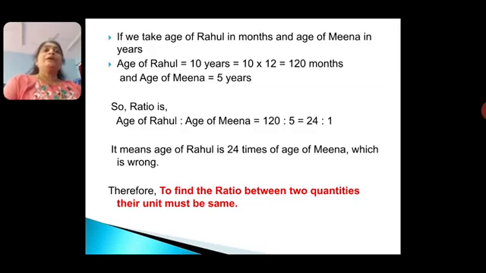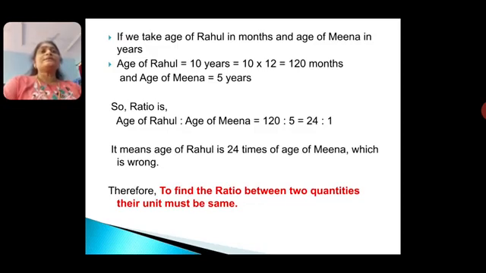If we take the age of Rahul in months and the age of Meena in years, then the age of Rahul, 10 years, means 10 into 12, because 1 year is equal to 12 months. Therefore, 10 years equals 10 into 12, 120 months. And the age of Meena equals 5 years. Here we take Rahul's age in months and Meena's age in years, and then we find the ratio.